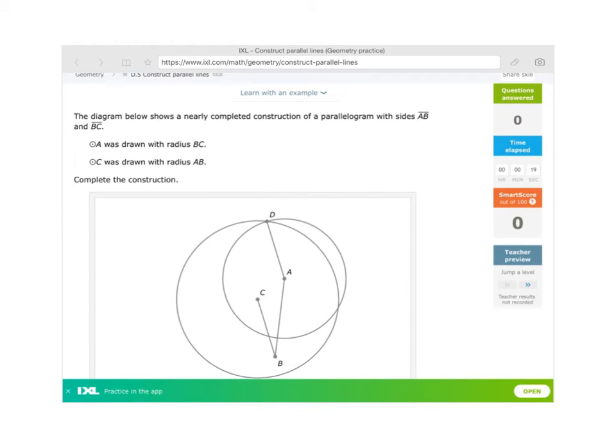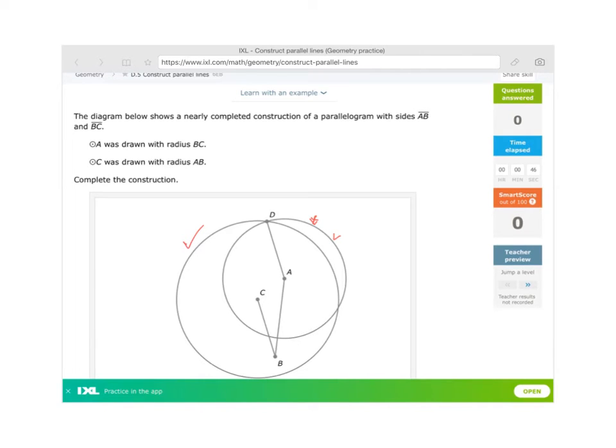So we see AB at the bottom and BC. Circle centered A was drawn with radius BC. So we've got this circle right here. This circle is drawn. And then circle center C with radius AB was drawn. So we got that.